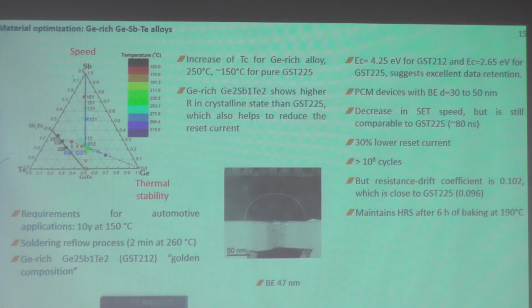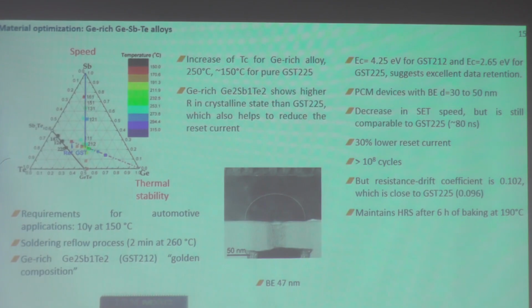we need such materials to have a crystallization temperature in the range of 260 degrees C, and the data retention should also be much larger than for the pure GST alloy.